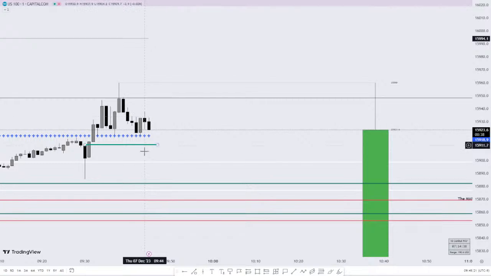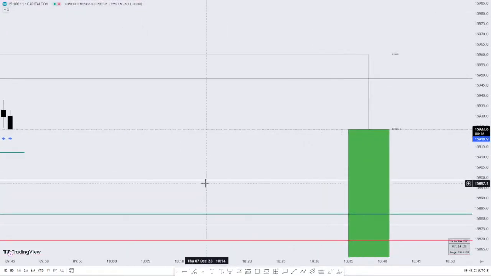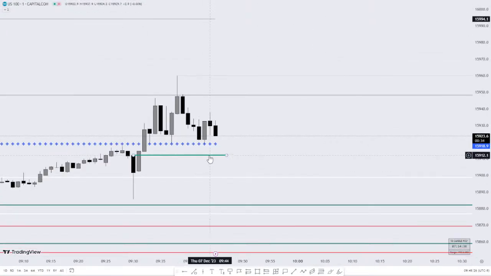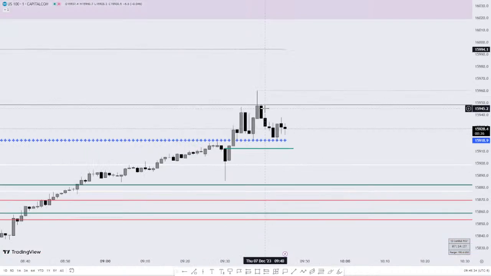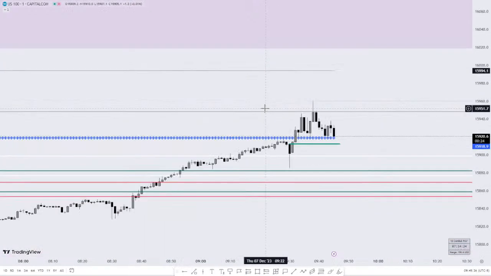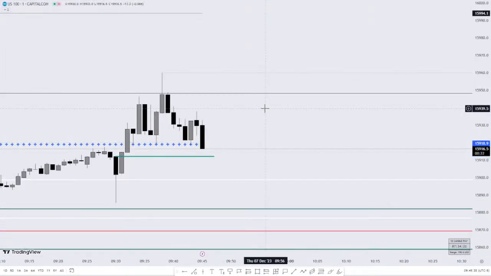This is the new 15 minutes candle. We want this candle to stay above this volume imbalance. Then we can make a good case for the bulls.